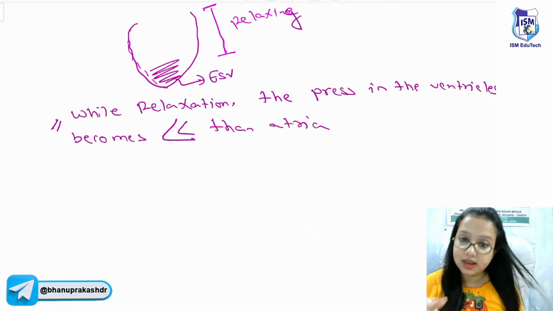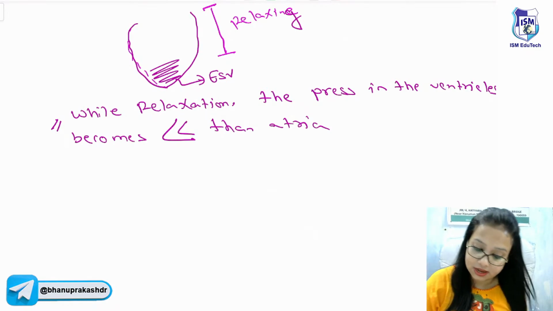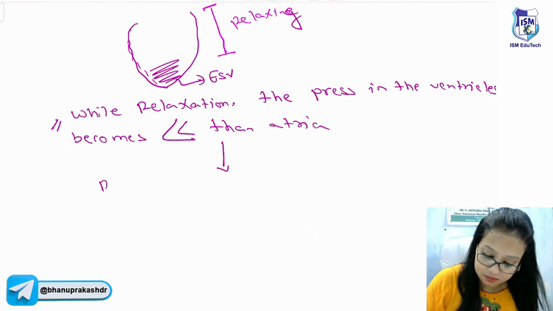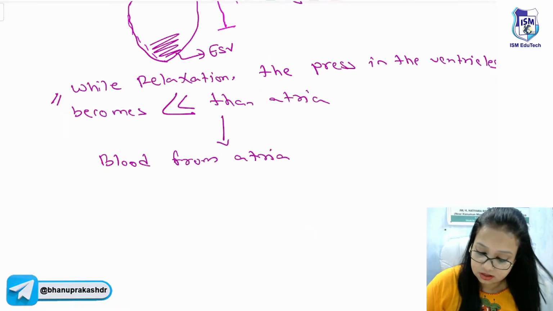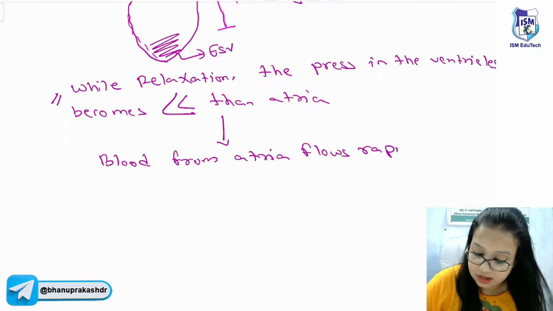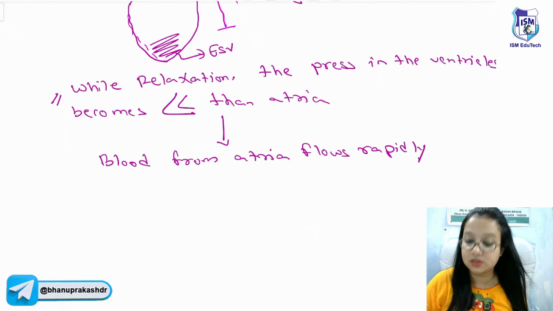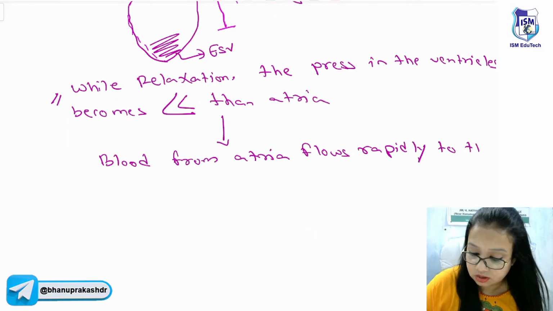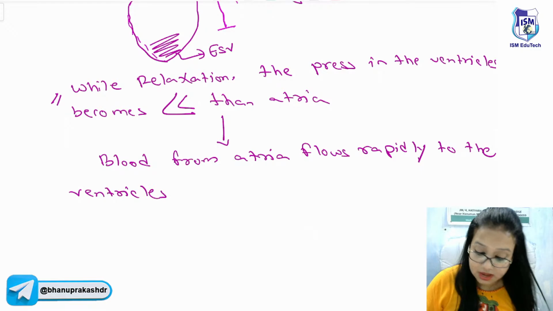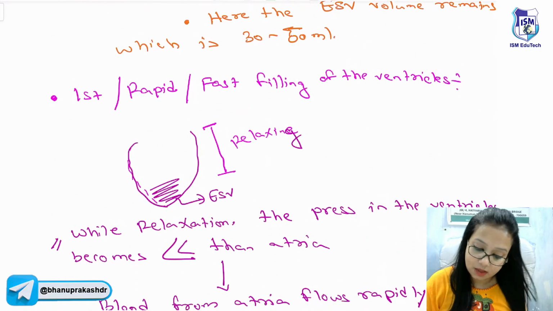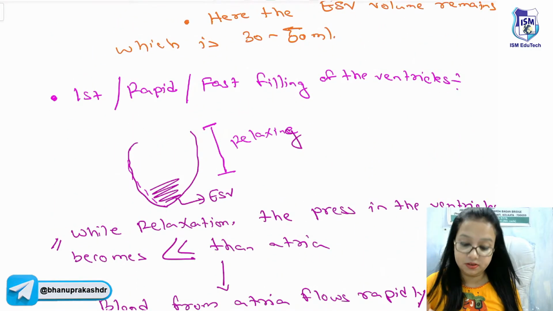So a time comes when the blood from the atria flows rapidly, in a very fast speed, to the ventricles. This is the main event that happens in the first rapid filling.